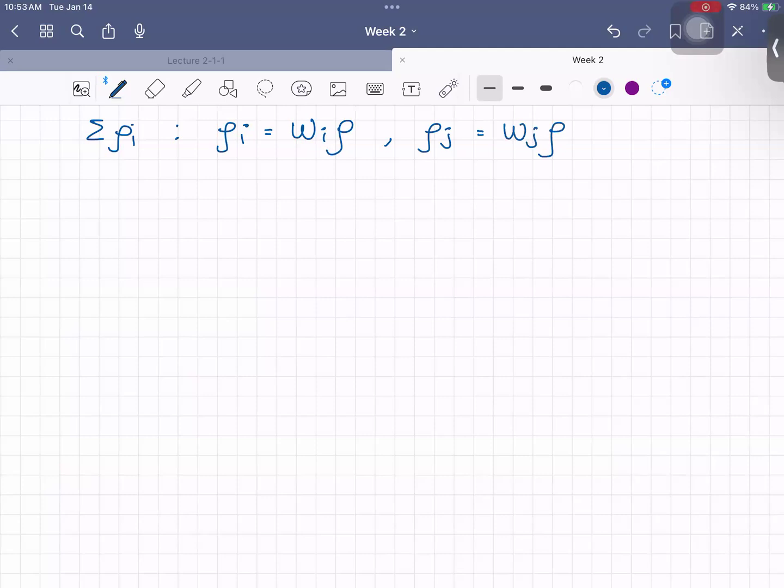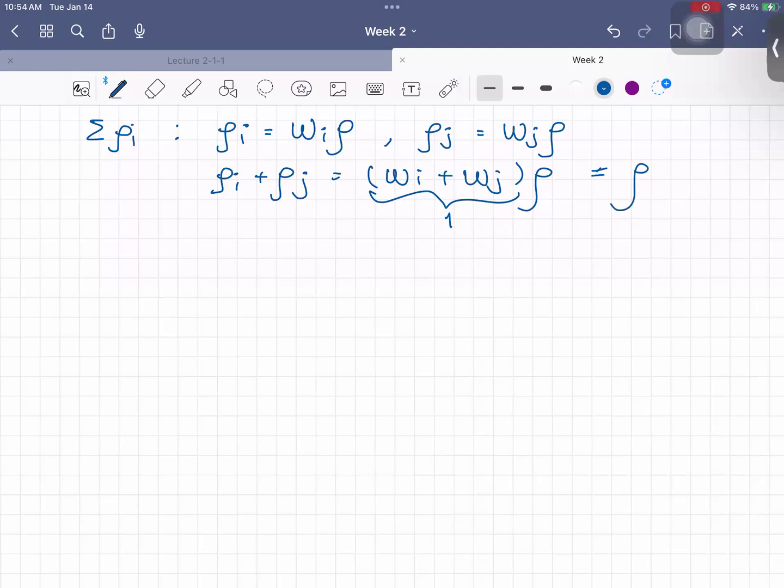So sigma rho i will be rho i plus rho j, which is equal to omega i plus omega j times rho. The summation of the mass fraction is 1, so it will be equal to rho. So sigma rho i is equal to rho.